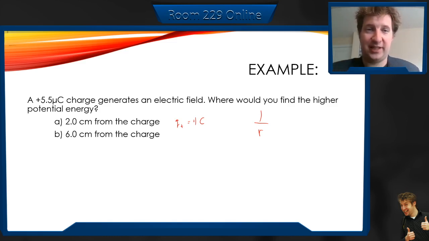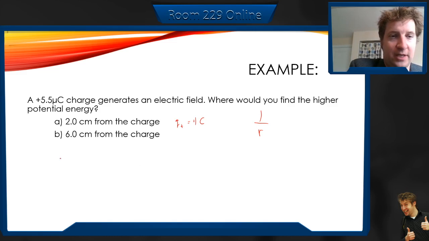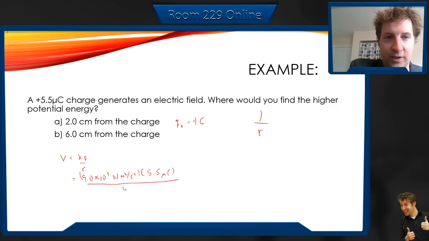So we can just quickly do a calculation here though. V is equal to k q over r, 9.0 times 10 to the 9 newton meters squared per coulomb squared multiplied by 5.5 microcoulombs all over 0.02 gives us an answer of 2.5 million volts.